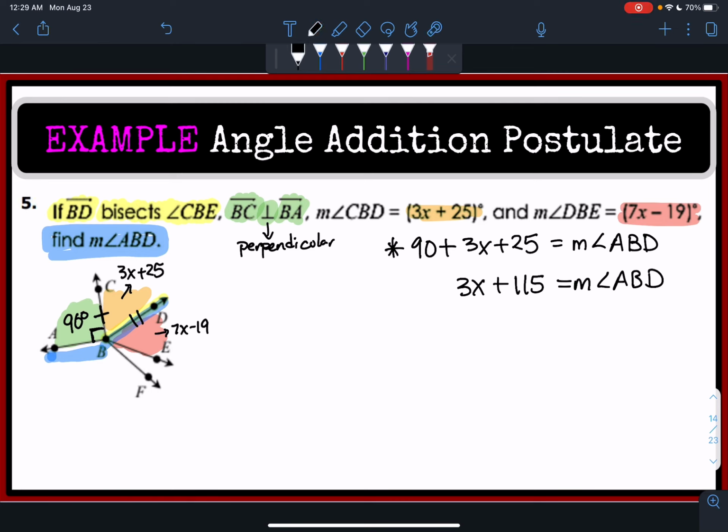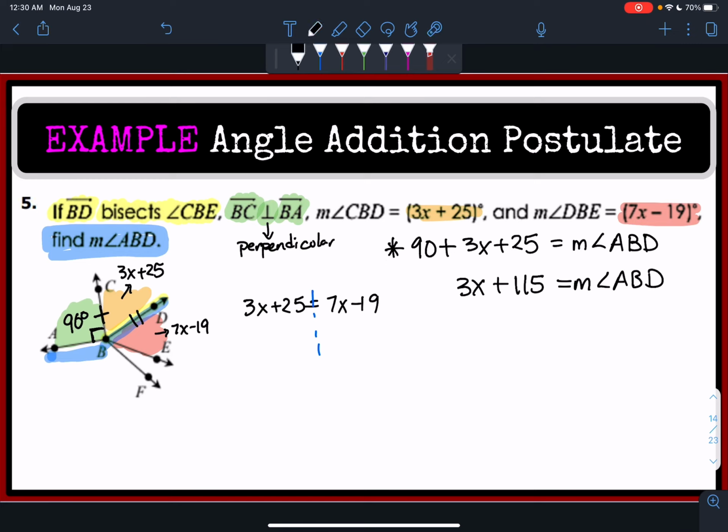If I take the orange angle of 3x plus 25 and equal it to the red angle of 7x minus 19, I come up with an equation that I can solve to figure out the value of x. And then figuring out the value of x, I can plug it in and then figure out the measurement of angle ABD.